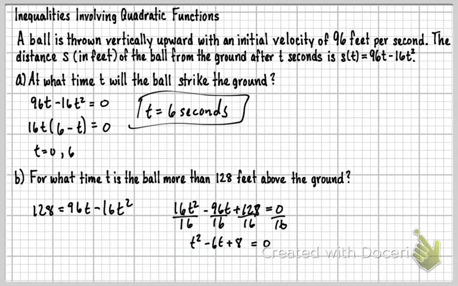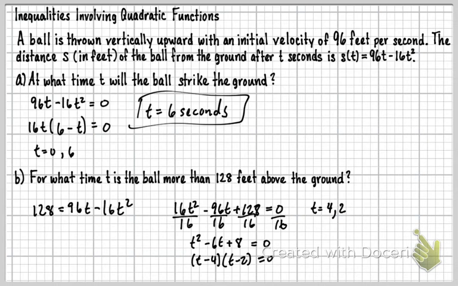Now this is much more manageable to factor by hand, if possible. And it is. So this is going to be (t minus 4)(t minus 2). The signs have to be the same because this is a plus 8. And that equals 0. So that means t equals 4 or 2. Those are my two answers for t.